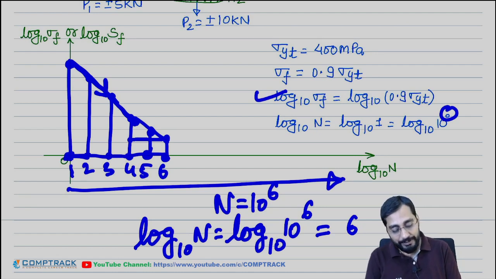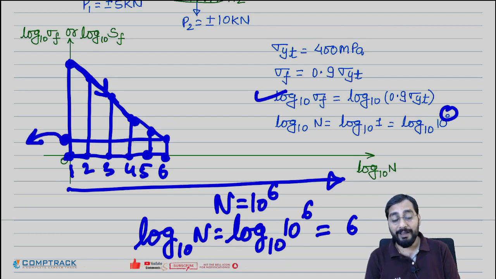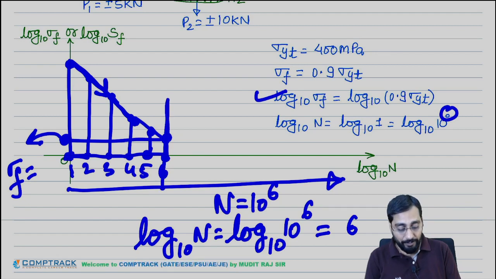So this will be the stress value sigma f at which the material can complete 10 to the power 6 cycles. This is the maximum stress. Beyond this, the cycles will be fewer.